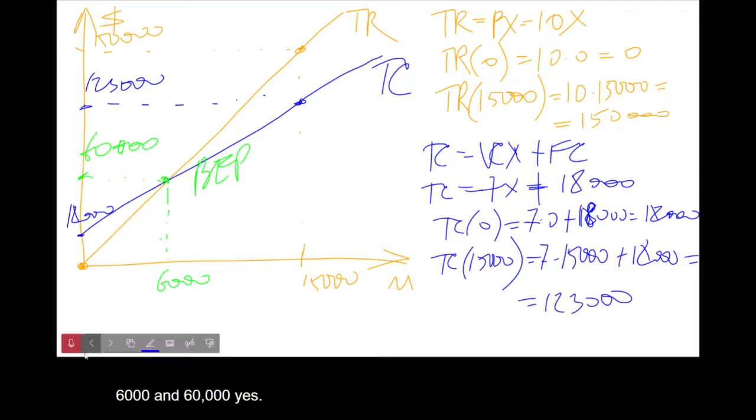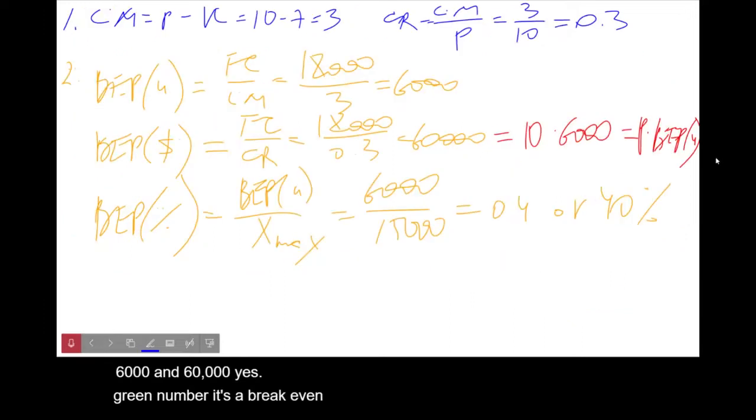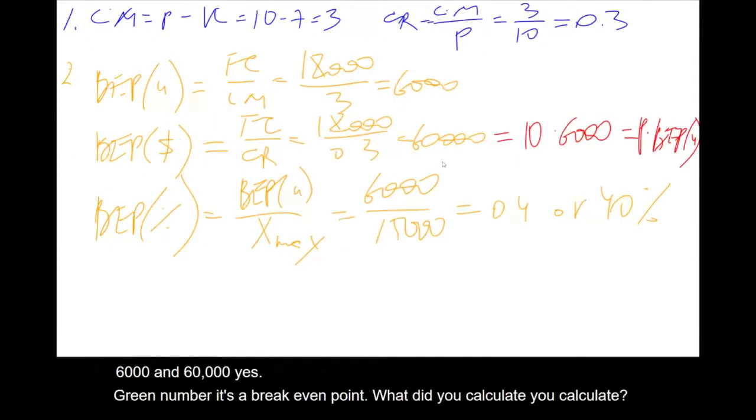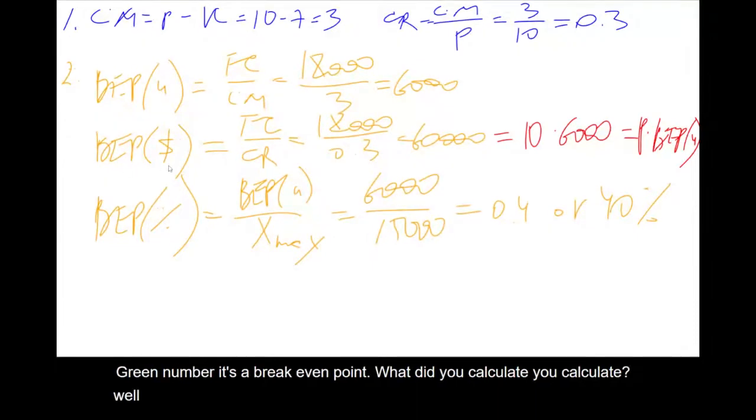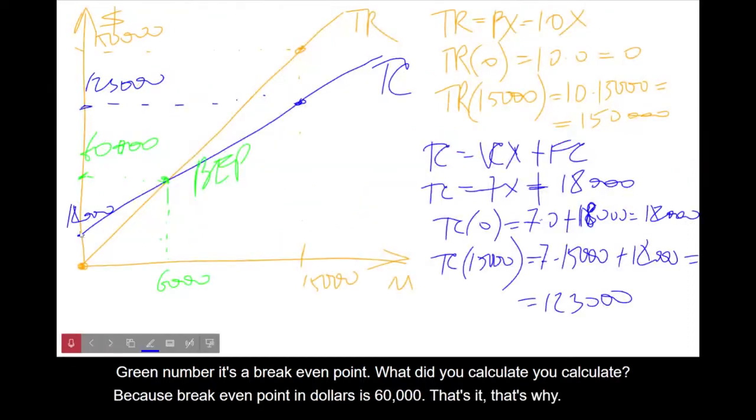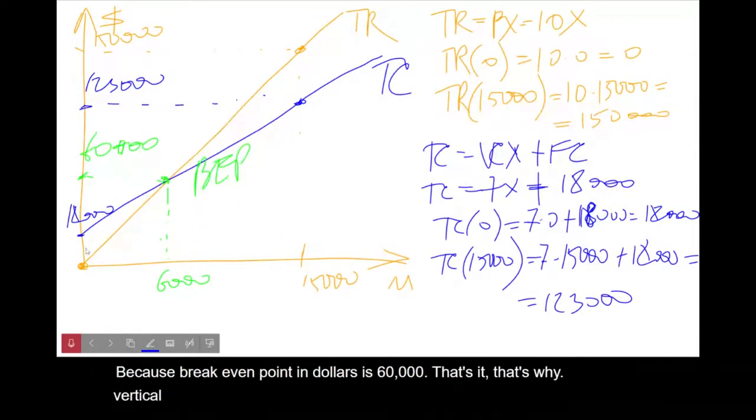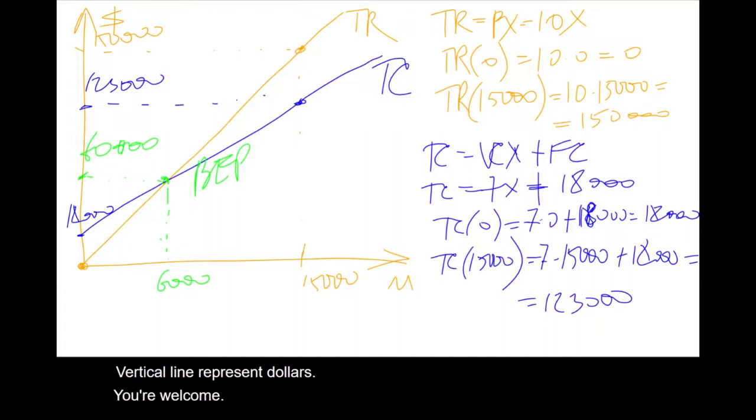The green number is the break-even point. Because the break-even point in dollars is 60,000, that's why. The vertical line represents dollars. You're welcome. Any other questions, guys?